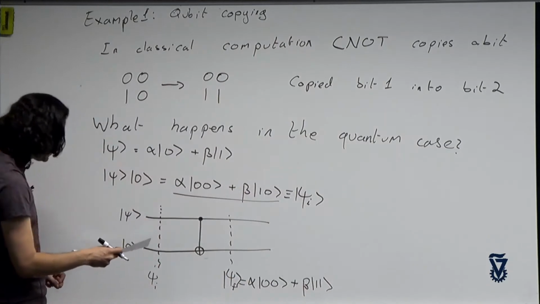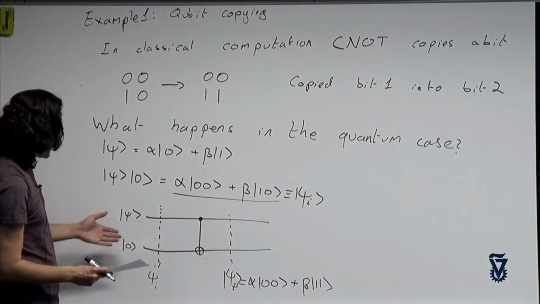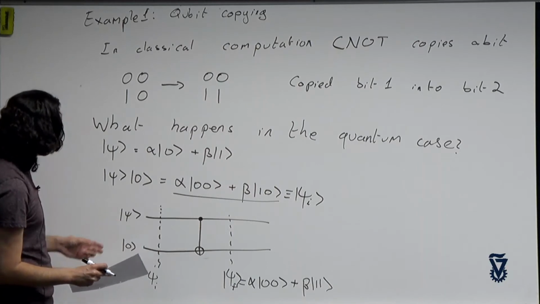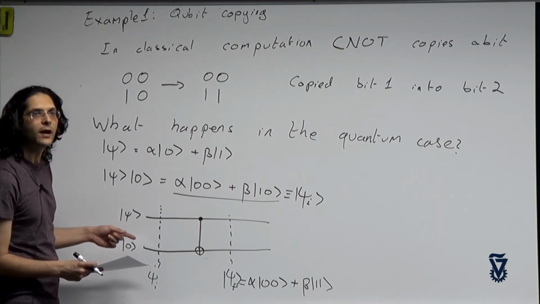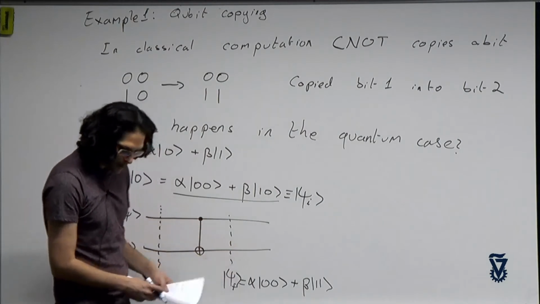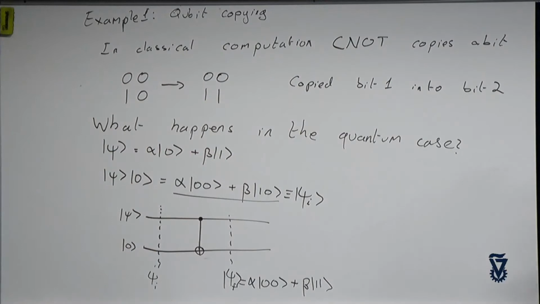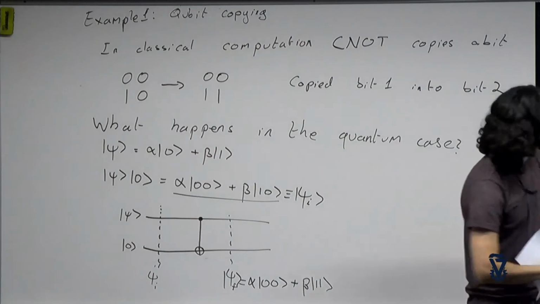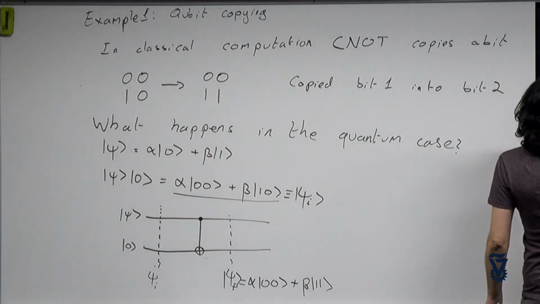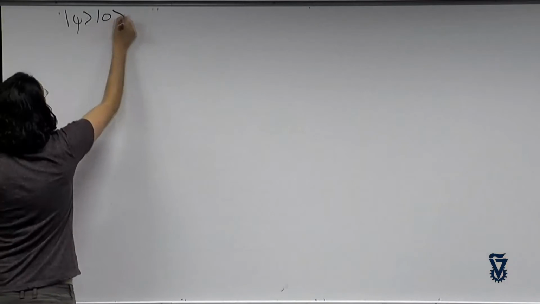Now, as you can see, this is different than what we wanted. This is not the copying operation that we wanted. Let me write explicitly on this board what we actually wanted. Remember, we wanted to copy the qubit. We started with psi and 0.